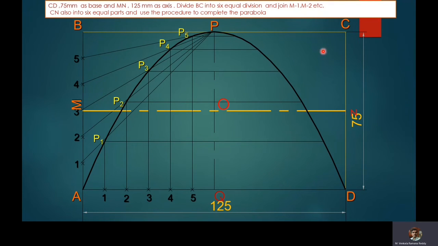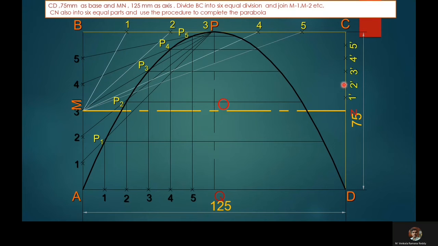Within this rectangle, we have to construct another parabola. As a first step, what we have to do? We have to divide BC into 6 equal parts and CN also into 6 equal parts. Join M21, M22, M23, M24, M25. Divide CN into 6 equal parts.